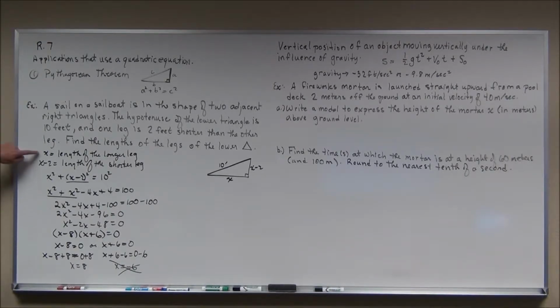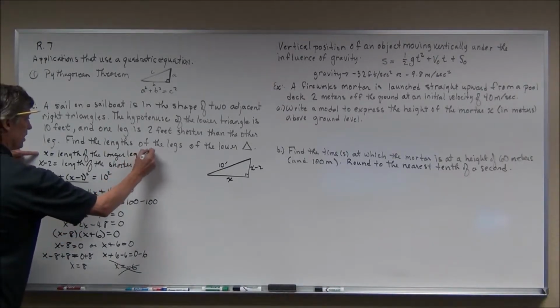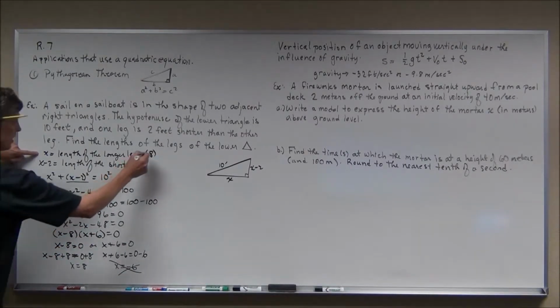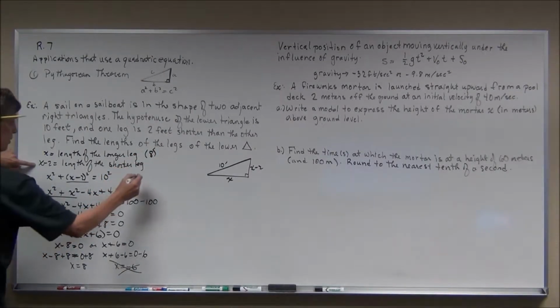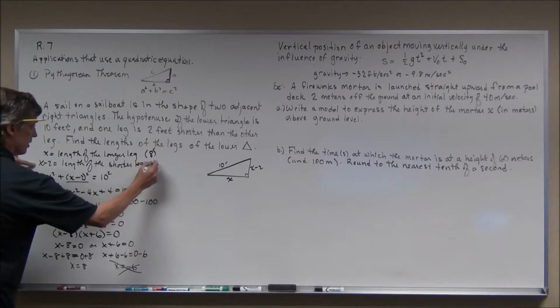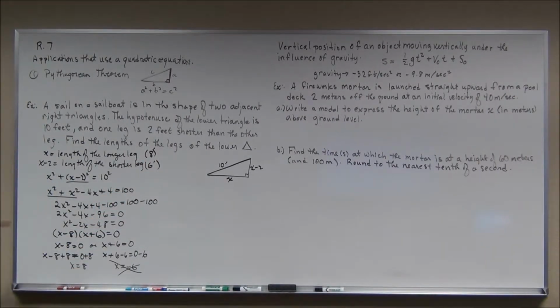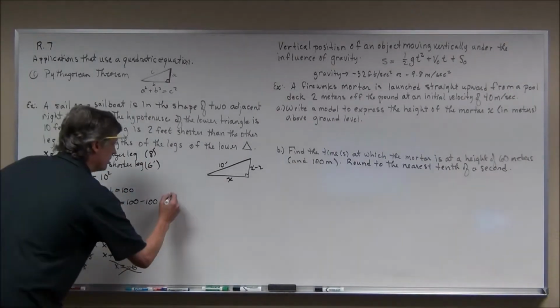So let's see what we have here. If x is equal to 8, and this is in feet, then x minus 2, this would be 6 feet. So now it says find the lengths of the legs of the lower triangle.